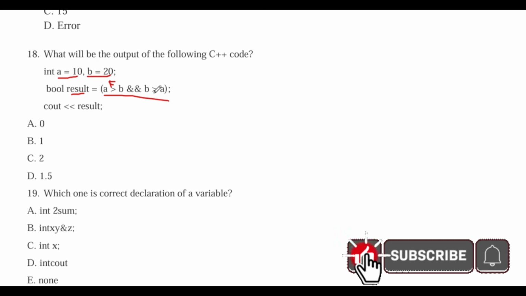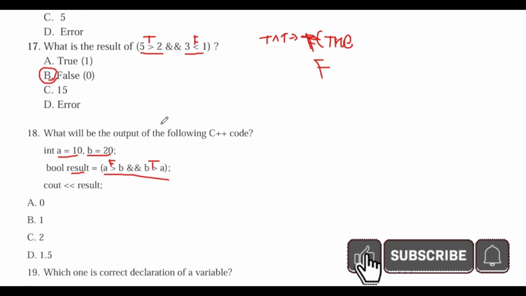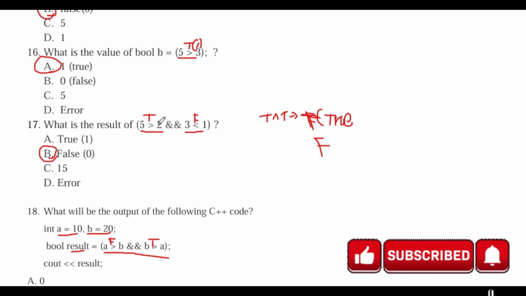Okay, and the end, B is greater than A. That means 20 is greater than 10. This is true. The same as the question above, this one, and the end. To get true, both the right side expression and the left side should be true. If both of them are true, you can get true.